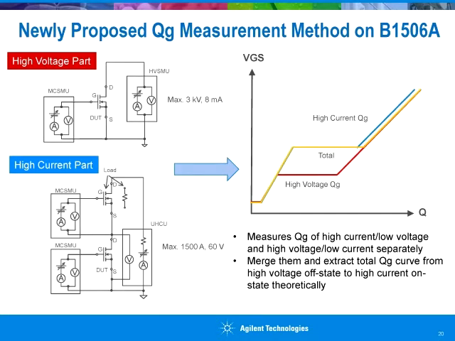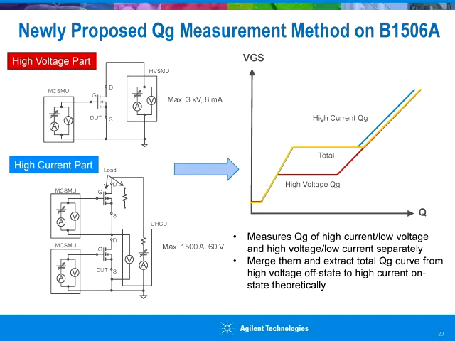Okay, here is a brief explanation of the newly proposed QG measurement method in the B1506A. To realize such wide QG measurement coverage in this single box equipment, we have separated QG measurement into two parts: high voltage and low current, and high current and low voltage.